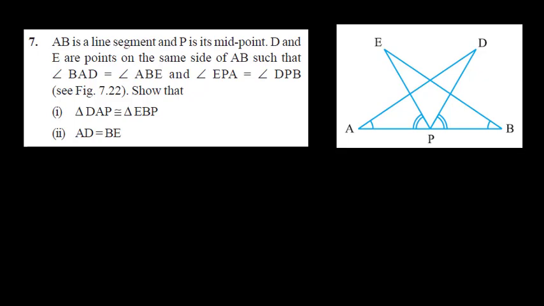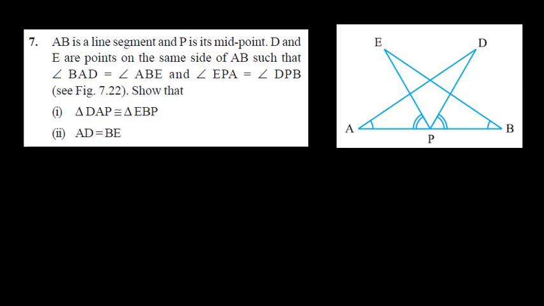BAD is equal to angle ABE. It is given equal, and angle EPA is equal to angle DPB. This is also equal. Now we have to show that triangle DAP is congruent to triangle EBP. Okay, fine. So if I check triangle DAP, in triangle DAP angle A is equal, but angle P, angle APD, is not given equal.